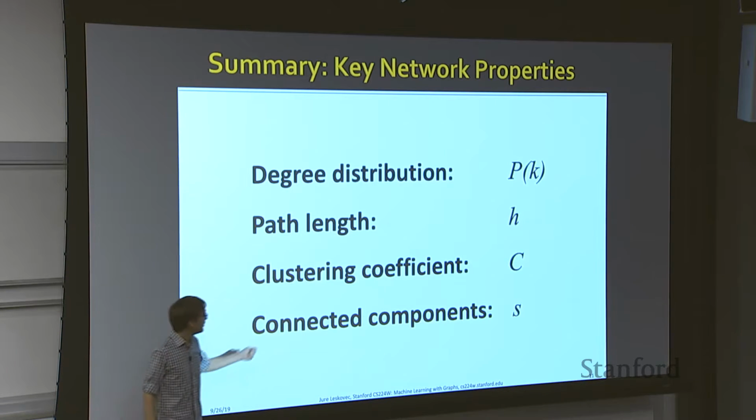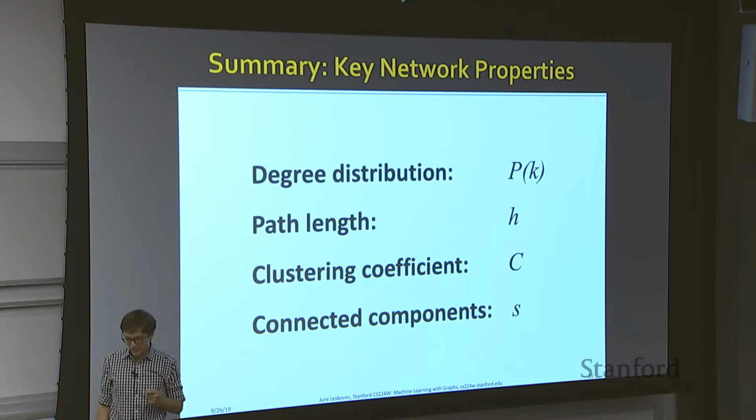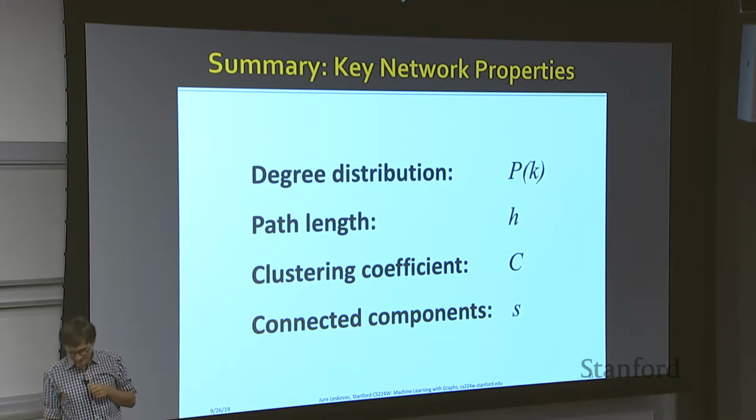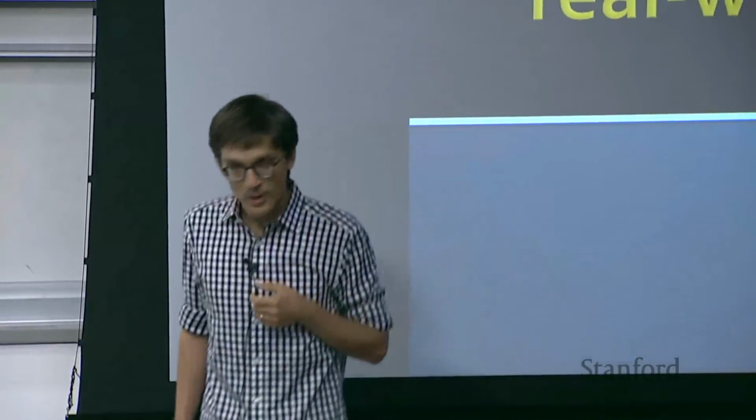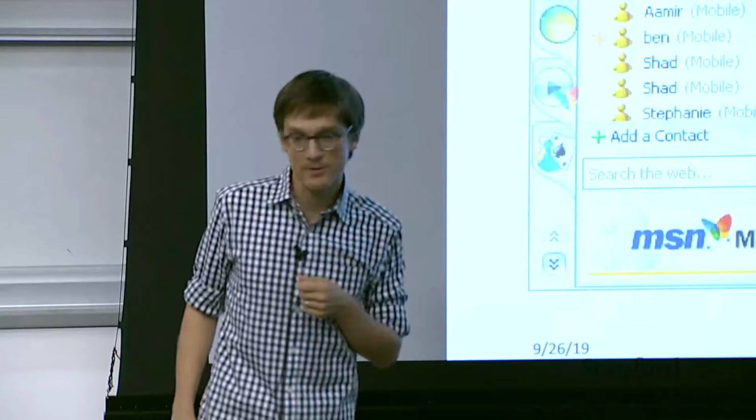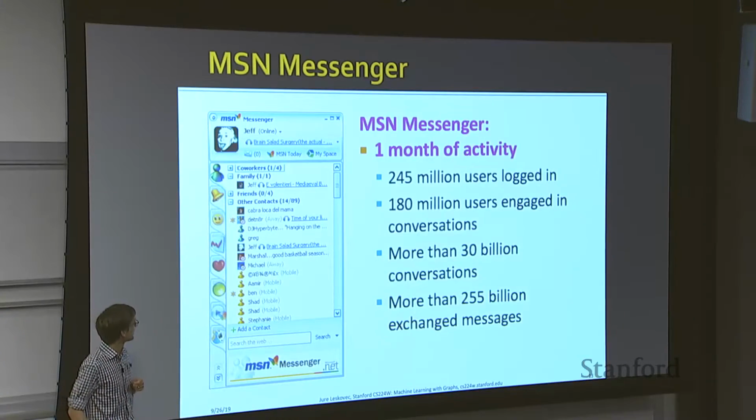Okay? So now with these things, what I want to do is show you one large network, and show you the measurements in terms of these 4 properties on that large network. I actually did this when I was a student. I was interning at Microsoft, so they had this big network I could play with.